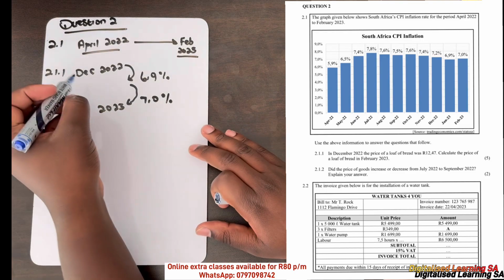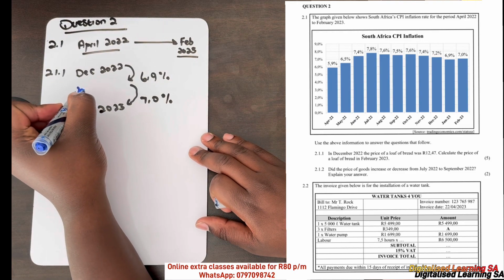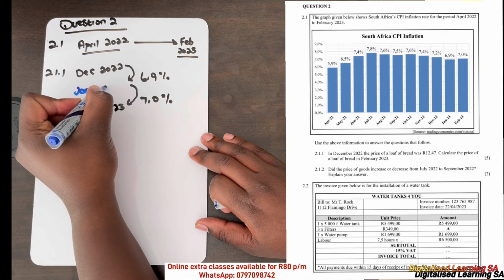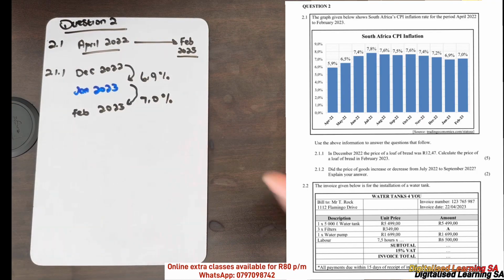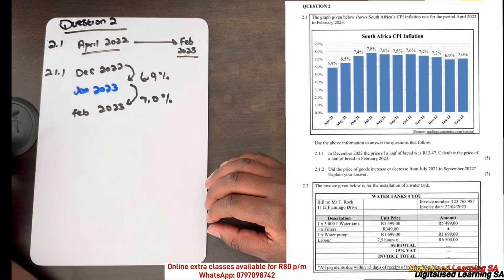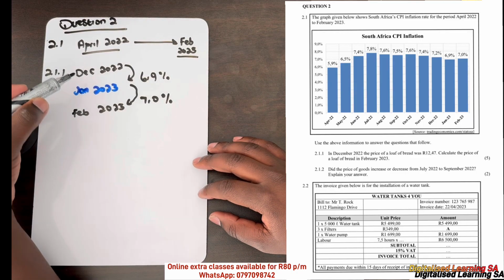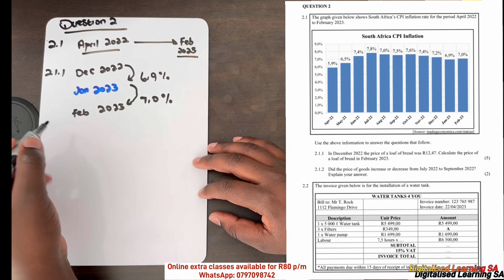So we need January 2023. We can't get to February before passing through January, so we need to find out how much the price was in January.